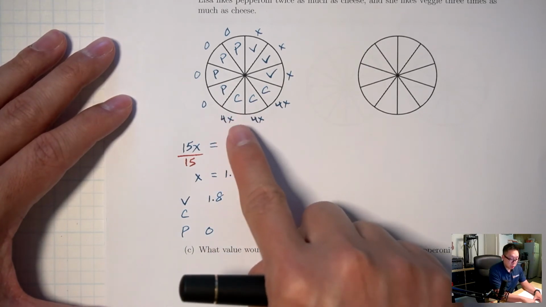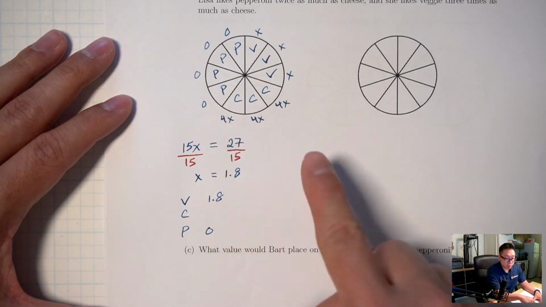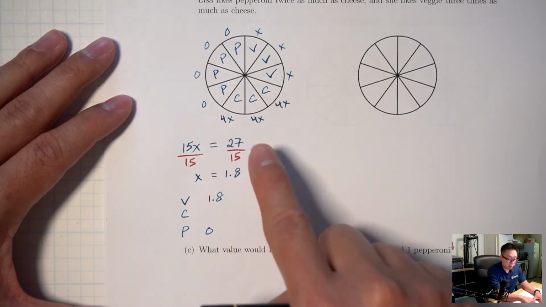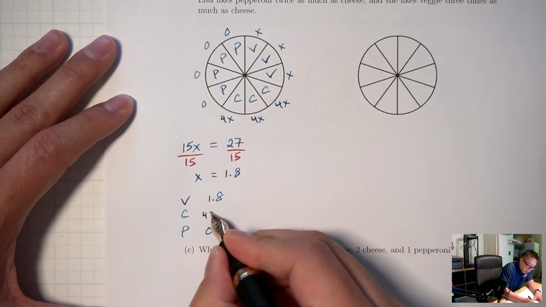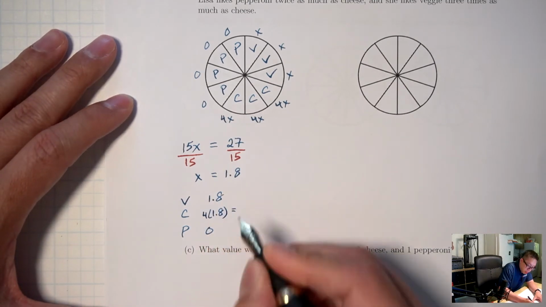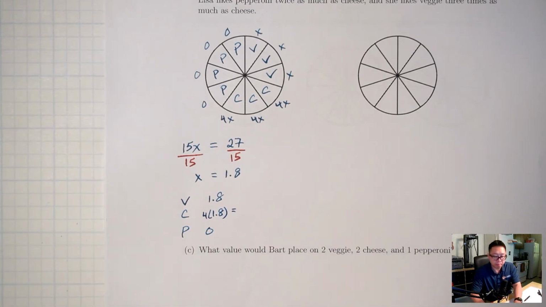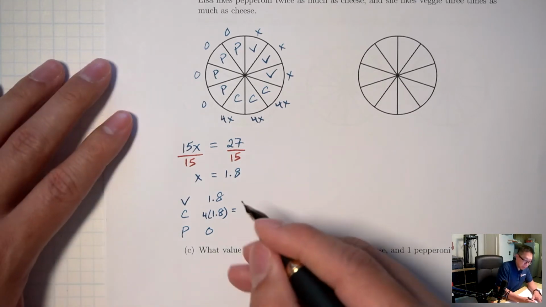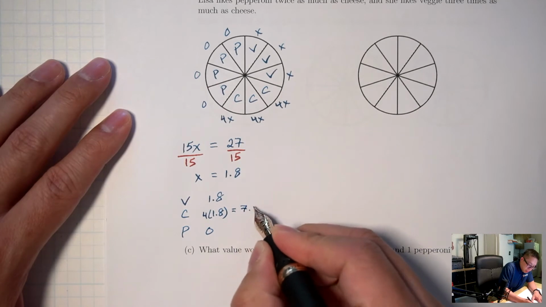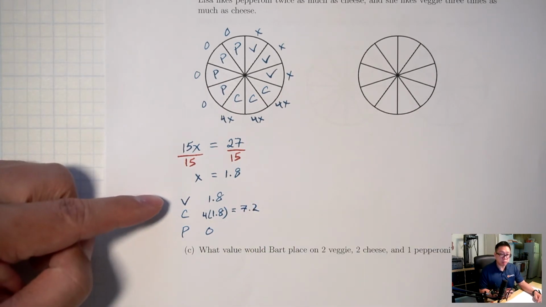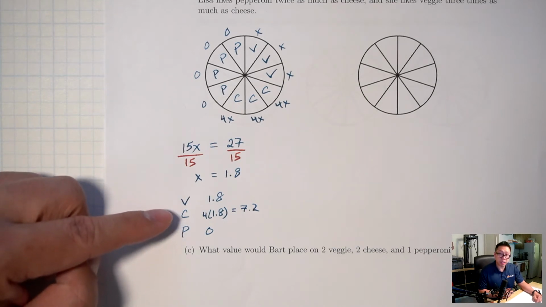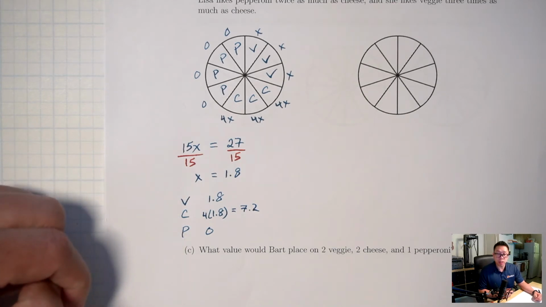The cheese, which we labeled as 4x, so that's just telling me to do 4 times x. So 4 times the 1.8. And what is that? $7.2. So for Bart, he values the veggie as 1.8, the cheese 7.2, and the pepperoni as 0.